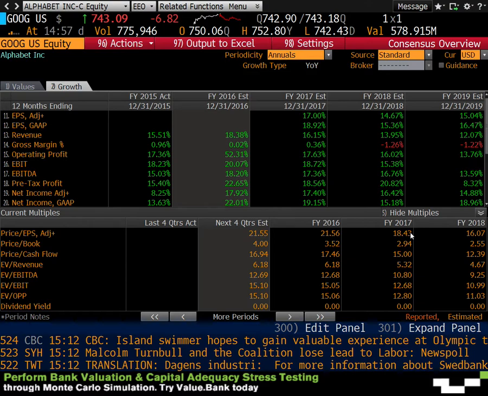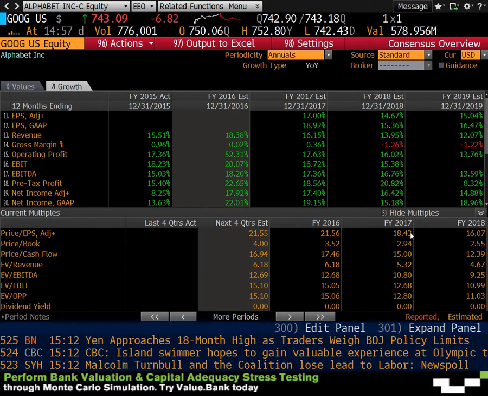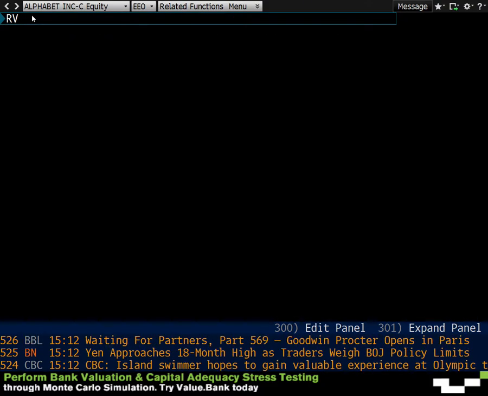And that's how I can misprice Google, because I'll assume that they'll trade on future earnings at 21.5. But that's naive, because when they get bigger, they're not going to maintain their growth rate, and at a lower growth rate, they'll have a different multiple. That's why finding comparables is so important. It doesn't mean that Apple is bad, because Apple trades, and again, look here at the RV screen.